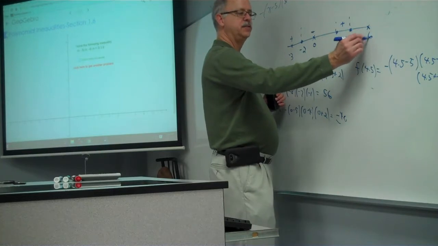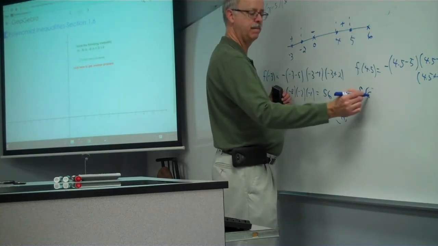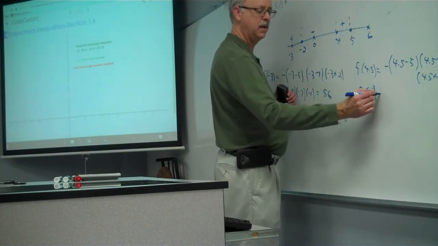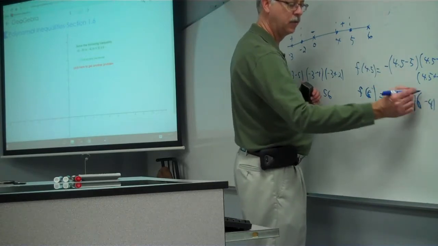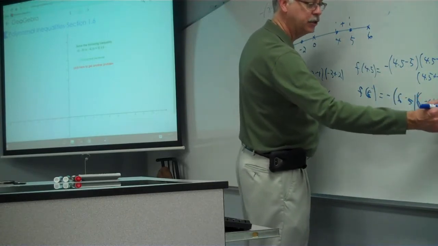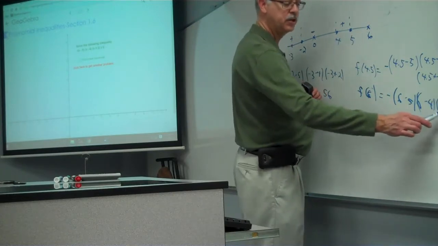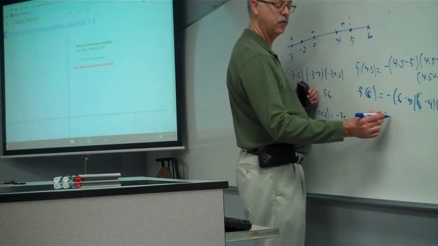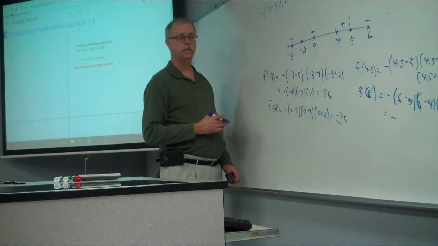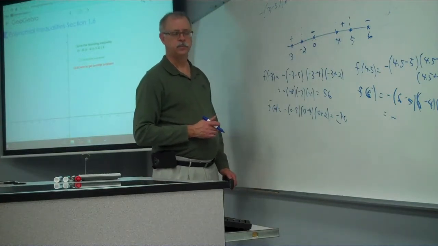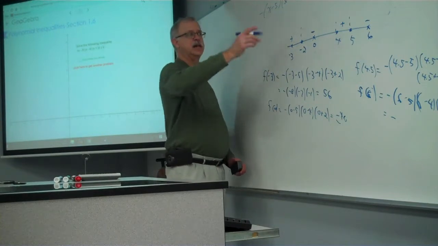And then past 5, say it's 6. Negative, 6 minus 5, 6 minus 4, 6 plus 2. Positive, positive, positive, but this pesky little negative out in front, the whole expression's negative. Now, we've really done a full sign analysis.